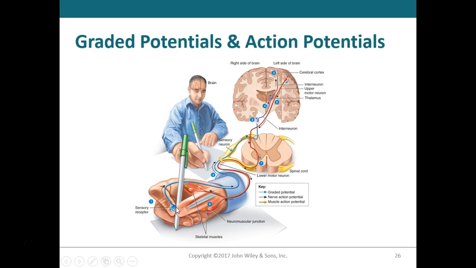Okay, so let's think back through this again. We had a stimulus out here, and that was the touching of the pen. So that traveled along the axon of the sensory neuron, and then in the brain, in the central nervous system, interneurons started to process that information.